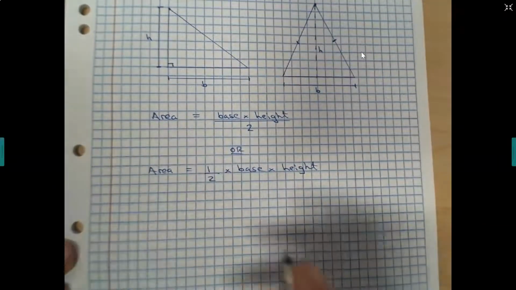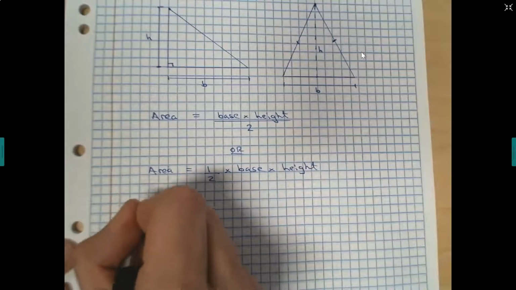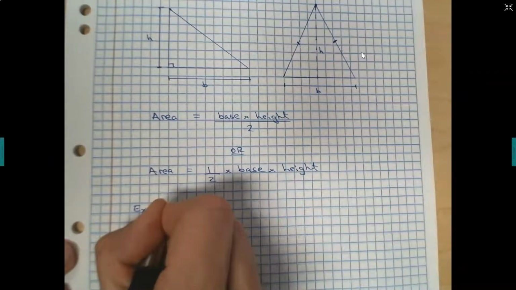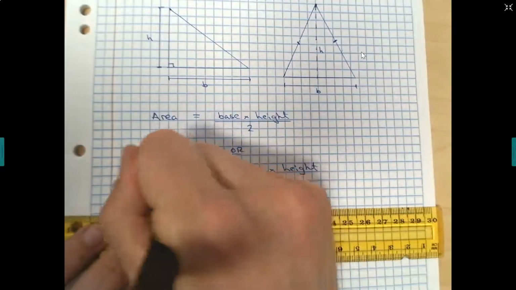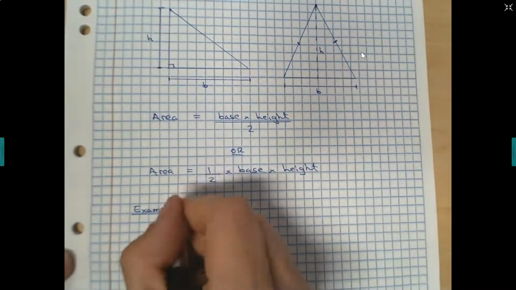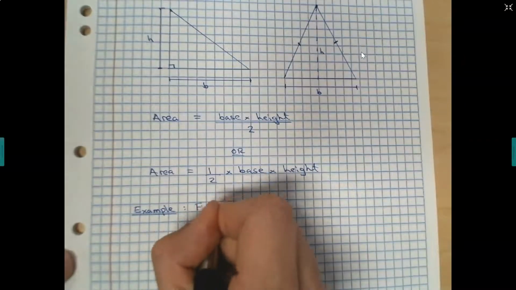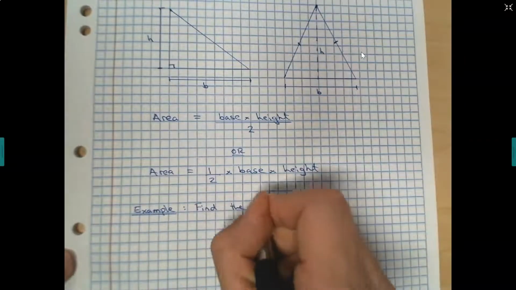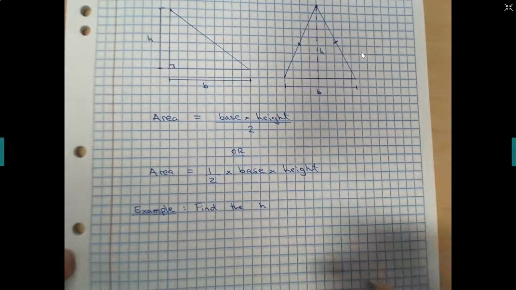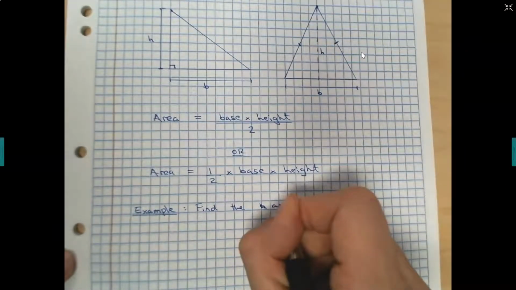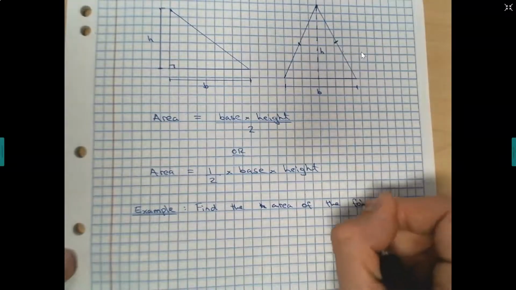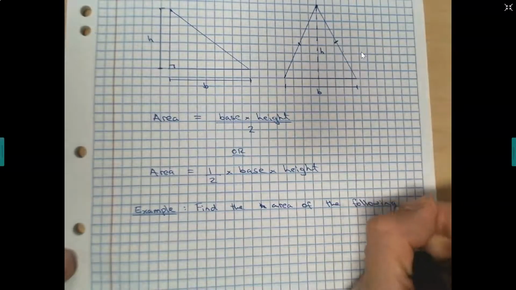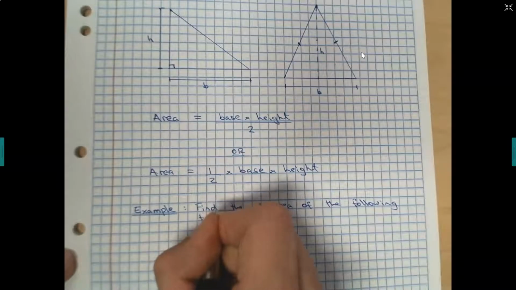Alright, so we'll just do a quick example. So find the area of the following triangles.